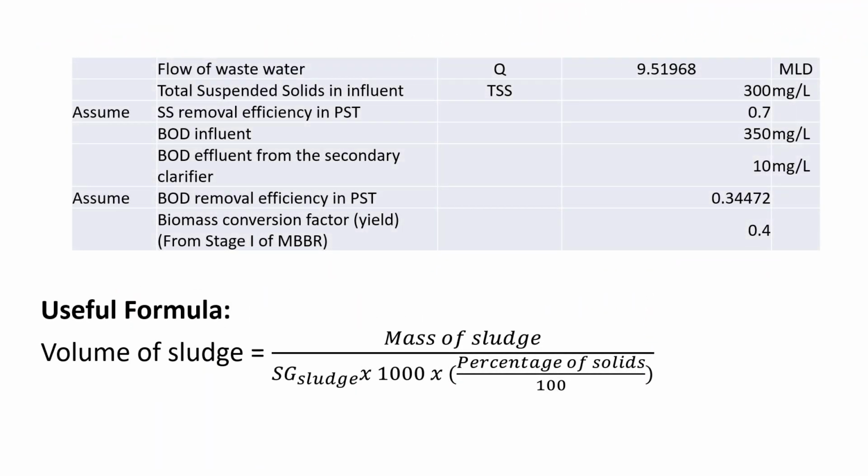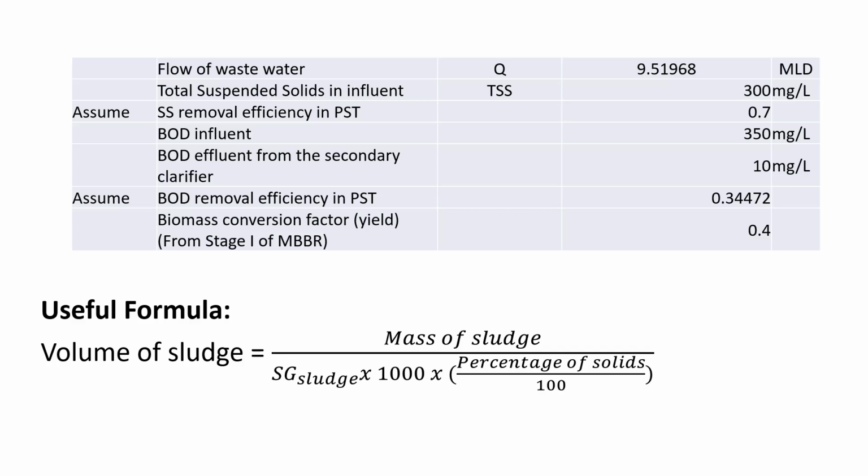Given the flow of wastewater, Q equal to 9.51968 MLD, and the suspended solids in the influent equal to 300 mg per liter. Solids removal efficiency in the primary settling tank is 0.9. BOD influent is 350. BOD effluent from the secondary clarifier is 10.